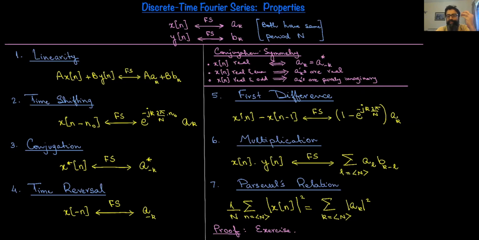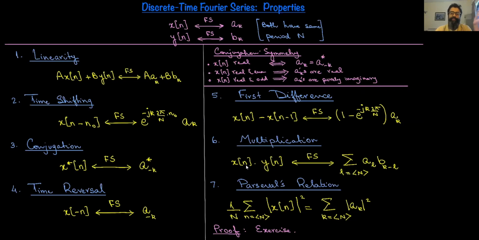It is analogous to the first derivative in the continuous time case, which is simply the difference between the signal at current time and the signal just immediately in the past, x of n minus x of n minus 1. The Fourier series coefficient of this first difference is just given by this, which can be easily derived from the time shifting and the linearity properties.